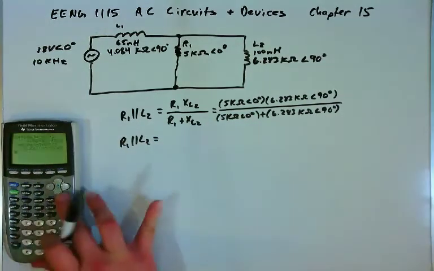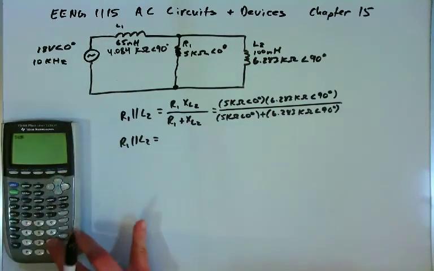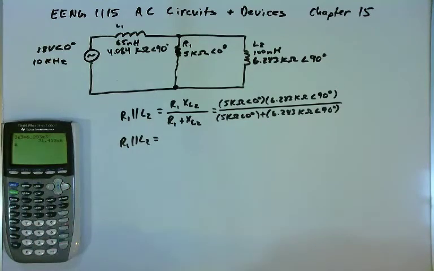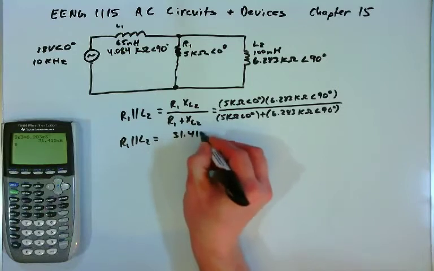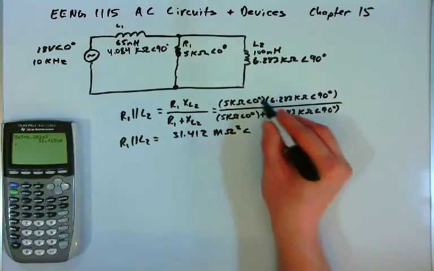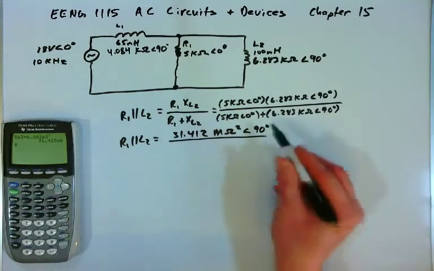We will multiply the magnitudes and add the angles. So we have 5 kilo ohms times 6.283 kilo ohms, and we get 31.412. It's going to be mega ohms squared, and then we add the angles. 0 plus 90 is 90 degrees.